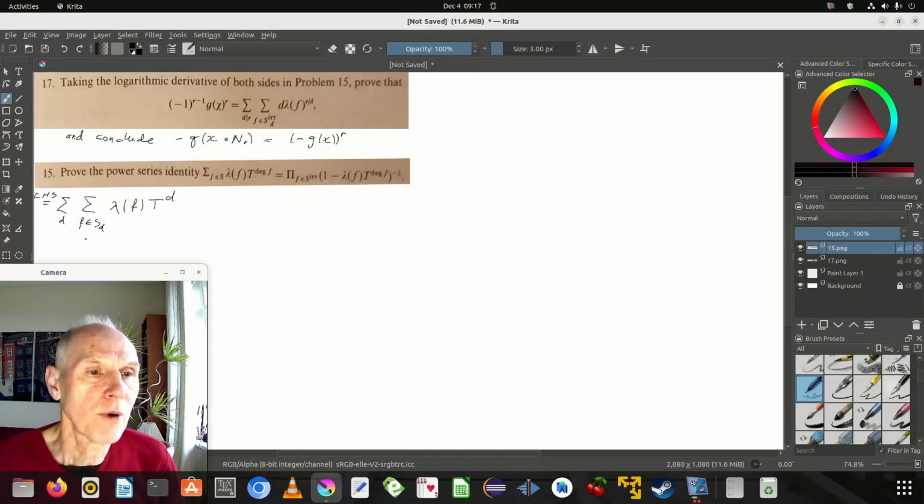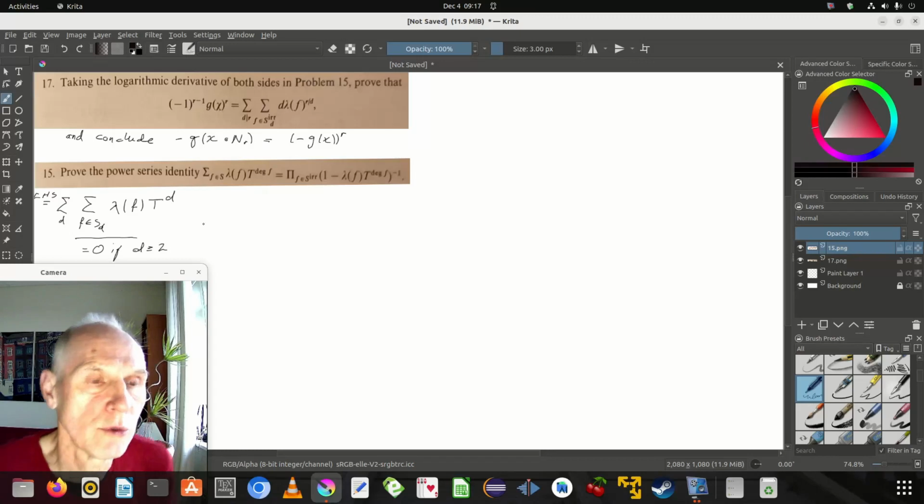And then by problem 16, this vanishes, well, that's all right, if D is larger than or equal to 2.